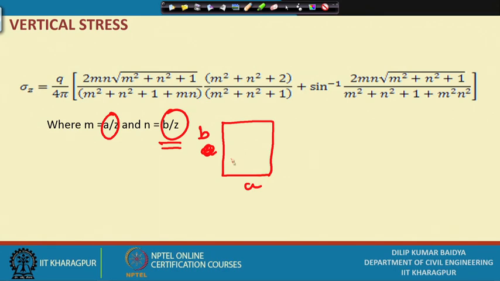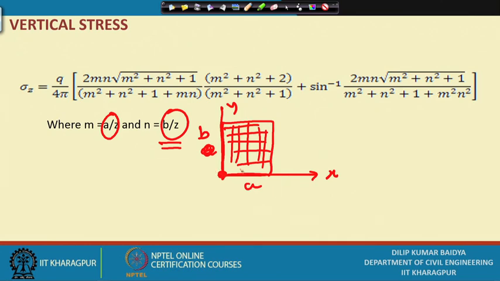While integrating, we have taken coordinate axes like this, x and y, and we have integrated with respect to this point. That means this formula is applicable for the corner only. Throughout the area of the footing when loaded, if I take the effect at this point, I get that. So that is typically known as the corner formula. This is called the corner formula.